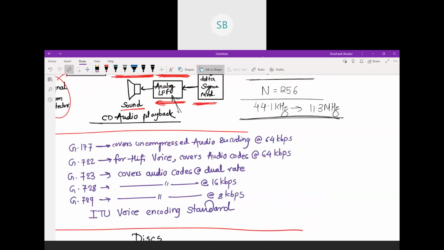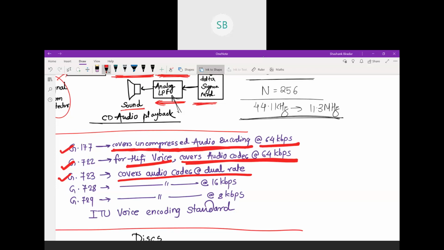G.711 covers uncompressed audio encoding at the rate of 64 kbps. Then another standard, G.722, is used for hi-fi, high fidelity voice, and covers the audio codec at the same rate, 64 kbps. The next one is G.723, the dual rate audio codec.